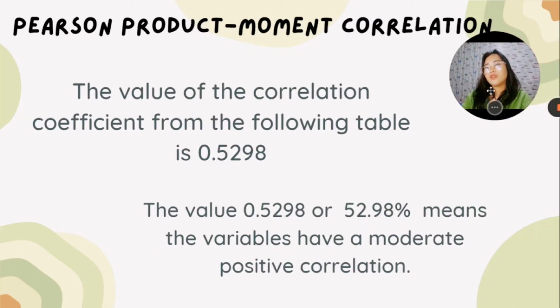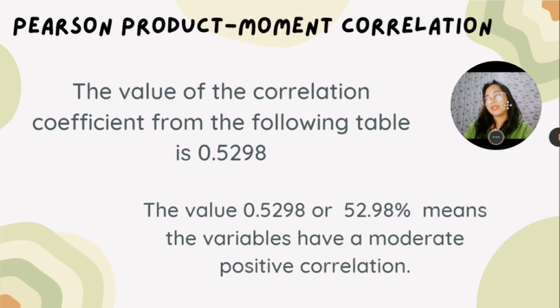The value of the correlation coefficient from the following table is 0.5298, or 52.98%, which means that the variables have a moderate positive correlation. This 52.98% is multiplied by 100 so that we have the percentage.